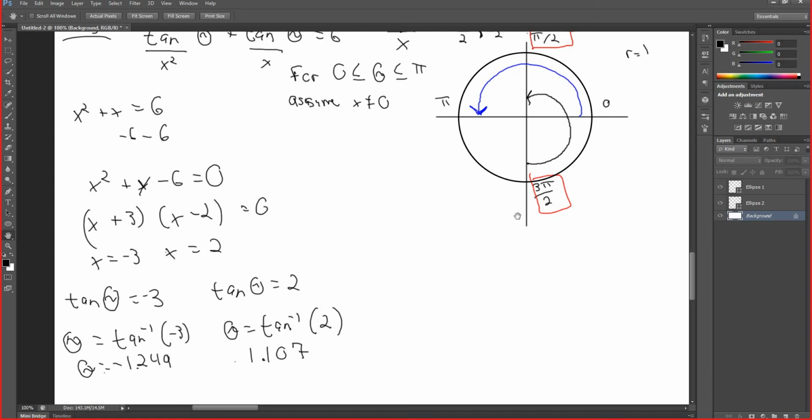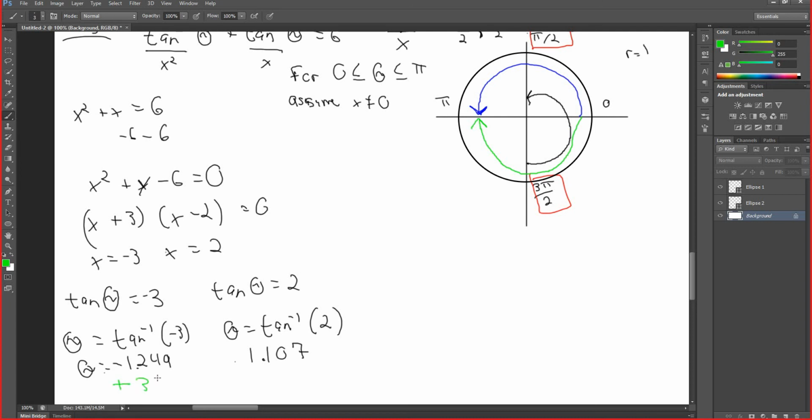I'm going to draw this one in. I currently have a negative angle, which isn't great. I would have to add a value to it to be able to determine its reference angle. In this case, I just need to add a pi.